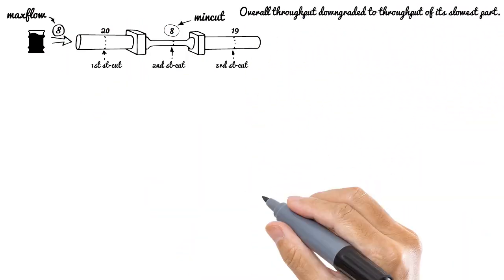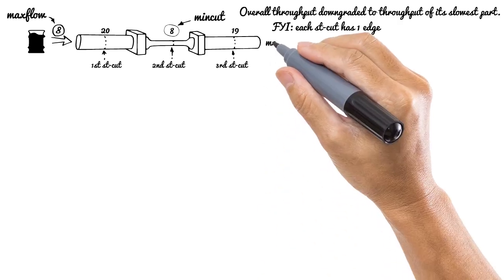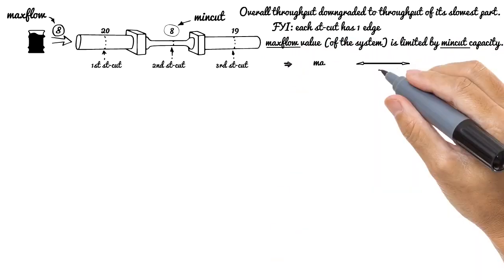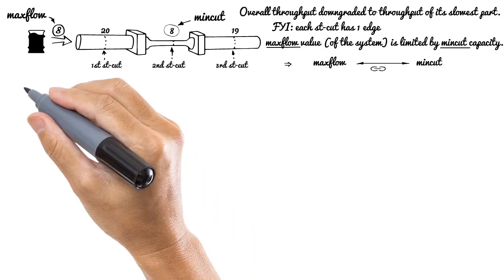This was a simple example with just one path and no alternatives. With this example, it's easy to find the mincut. It is whichever single edge on the way has the minimum capacity, because any ST cut will have just one edge in this example. Minimum flow value through the whole system will be actually limited by mincut capacity. So you can see that both problems, Mincut and Maxflow, are related to each other.